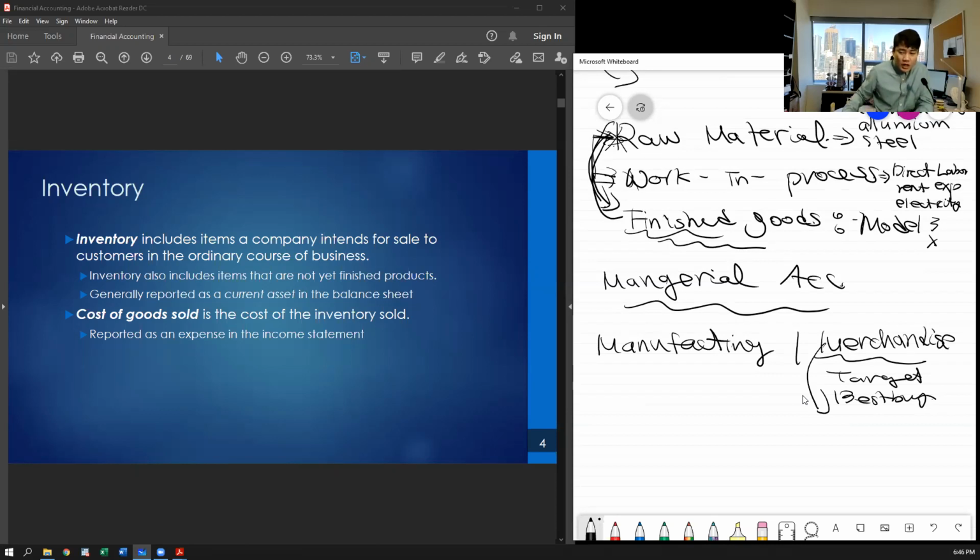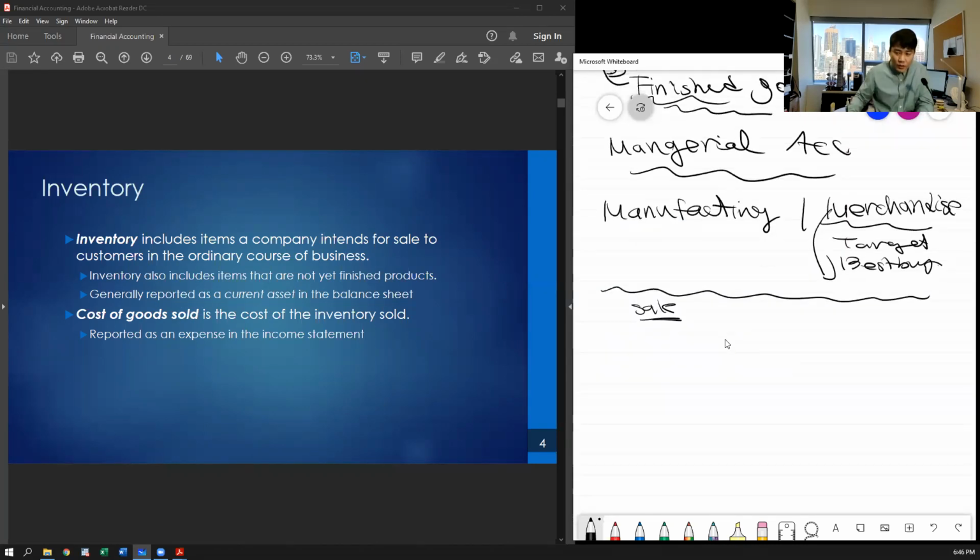And let's talk about cost of goods sold right here. When the company sells products to customers, what that means is that when there's a sale, your inventory will go down.